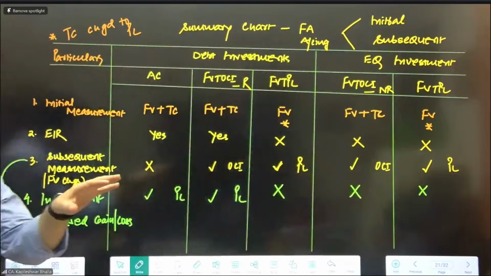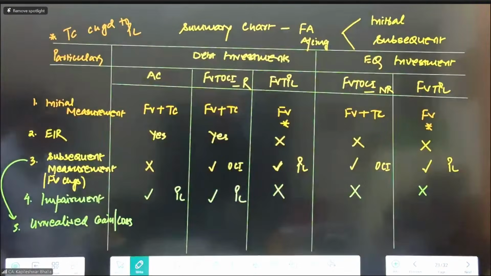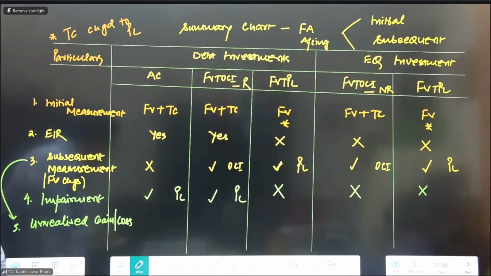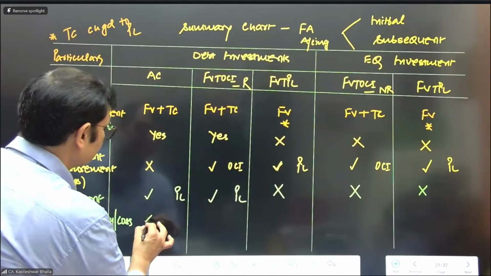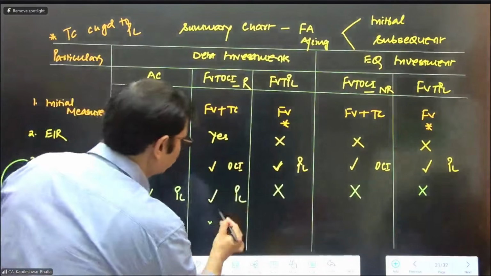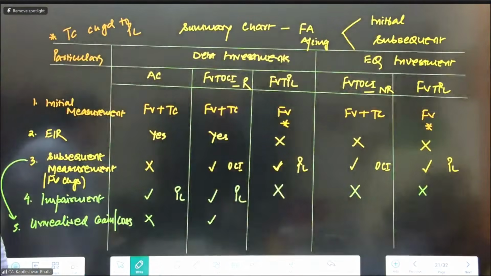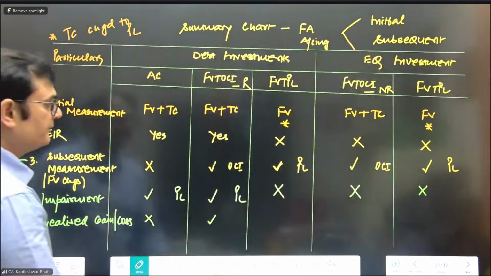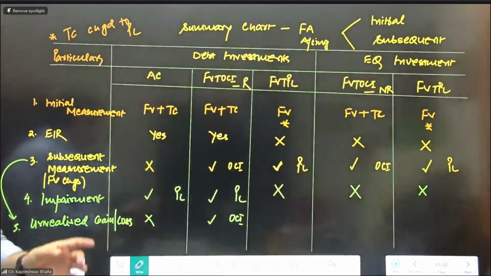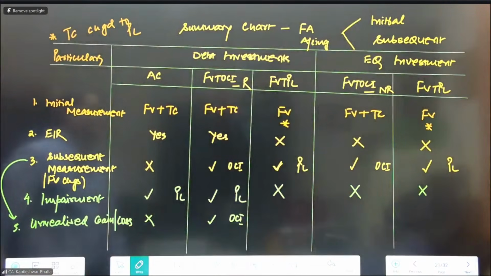Let's now put some quick individual questions at this stage. AC, do you capture unrealized gains or loss? In terms of AC, do you capture unrealized gain or loss? And that's right, no. In terms of OCI, yes. Where do you take them? You take them in OCI, whether it's a gain, whether it's a loss.